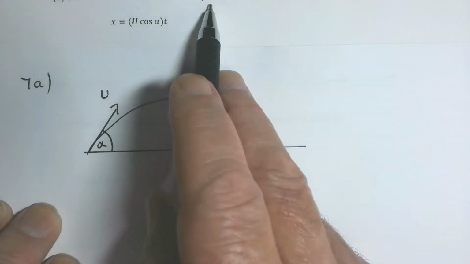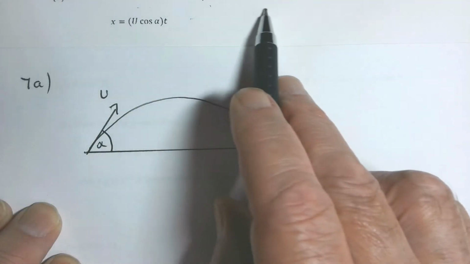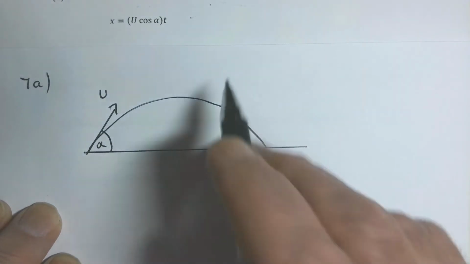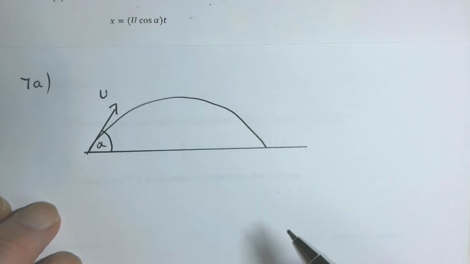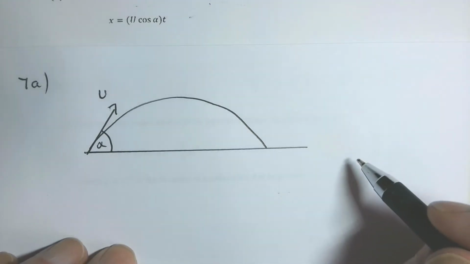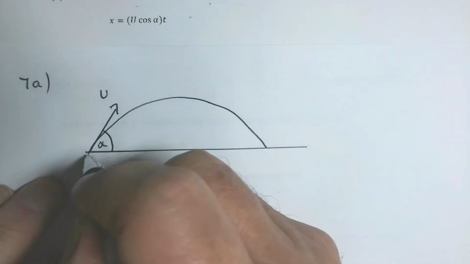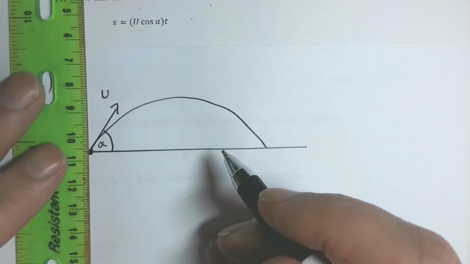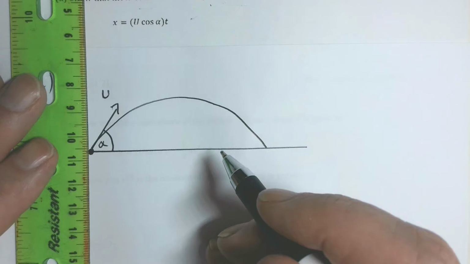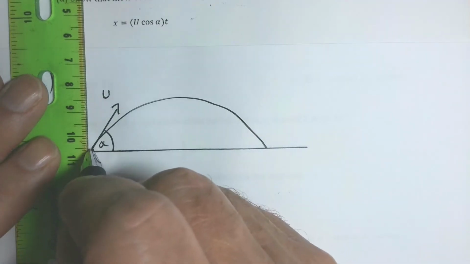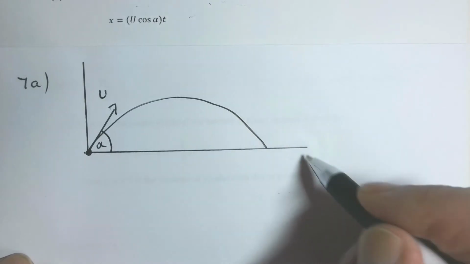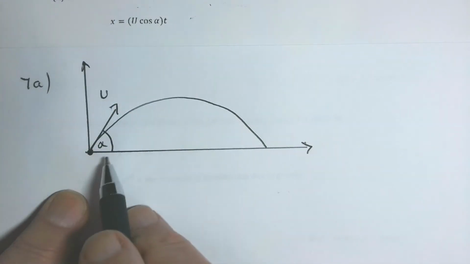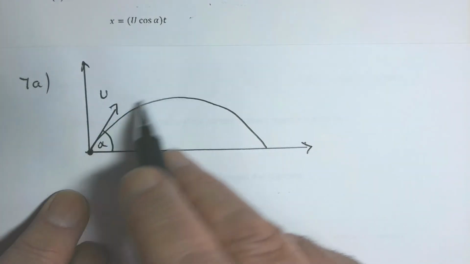We're interested in showing that the x coordinate of the particle at time t is given by x equals u cos alpha t. This is going to be treated as the origin of our axes, with the vertical as the y direction and the horizontal as the x direction. So these are our usual Cartesian coordinates, and this is going to be our projectile.